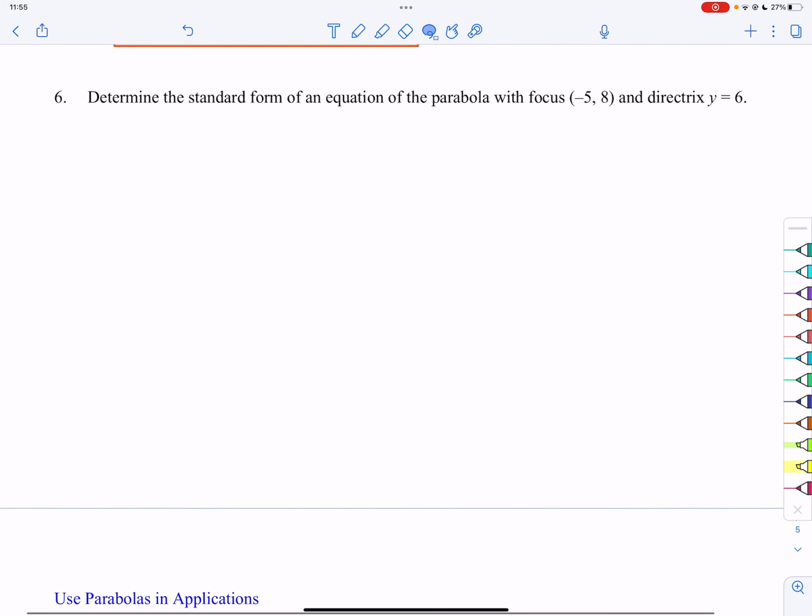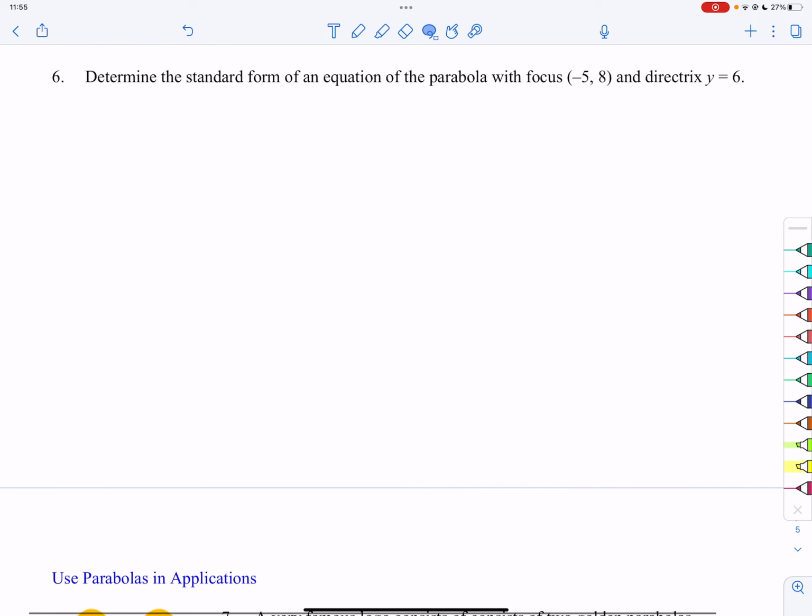Determine the standard form of an equation of the parabola with focus (-5, 8) and directrix y equals 6. So if you can see here, let's go ahead and set up a little graph. We see that the focus is (-5, 8).